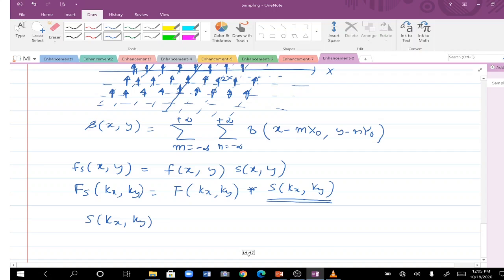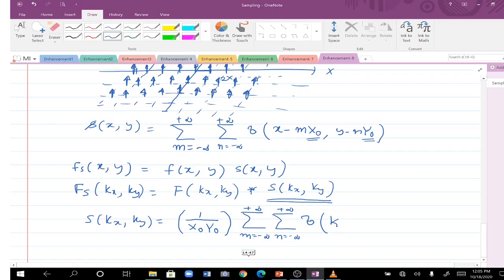S of kx comma ky will be equivalent to, well, since you have spacing at x naught, y naught, similar to our 1D function, the magnitude gets multiplied by 1 by x naught into 1 by y naught. Then the summation remains, since an impulse train would still give you an impulse train. So I'm writing m varying from minus infinity to plus infinity, n varying from minus infinity to plus infinity.